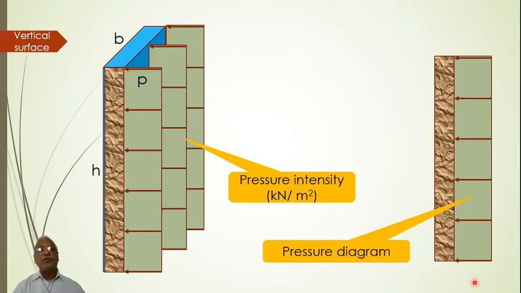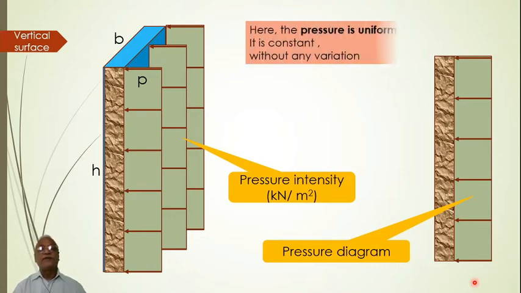These are the nomenclatures we are going to use often next. As told here, the pressure is uniform or constant. Intensity of pressure is not changing. Suppose it is 10 kilonewton per meter square, so everywhere it is 10 kilonewton per meter square. So it is constant without any variation.